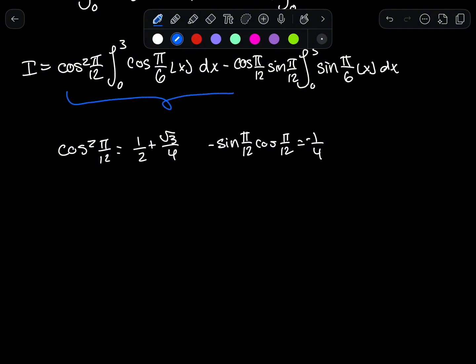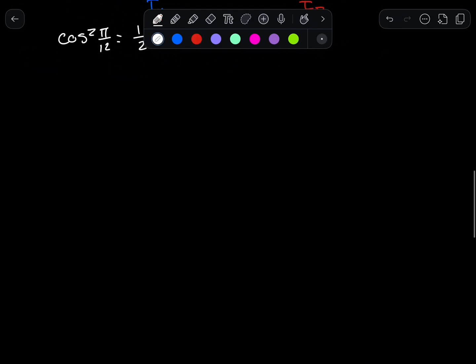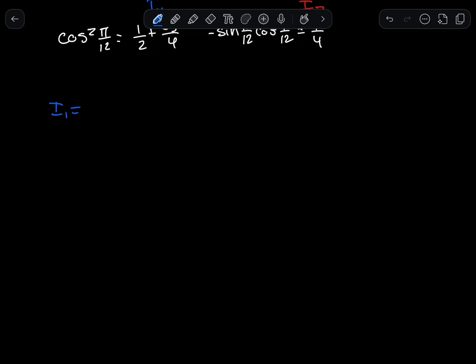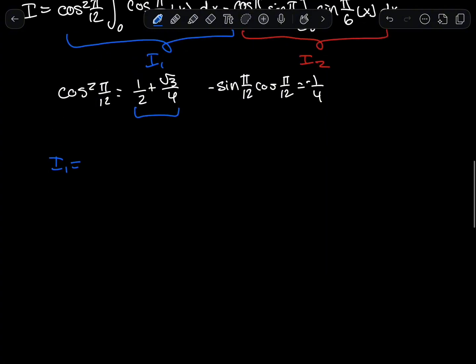Now we'll have the integral I1 and then the integral I2. So let's evaluate I1. We'll have I1 equal to the integral of, and we'll just make this equal to a constant for now.